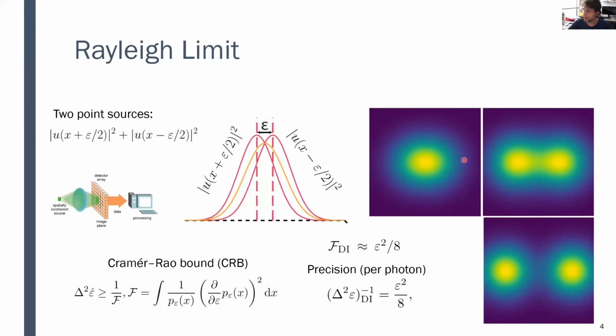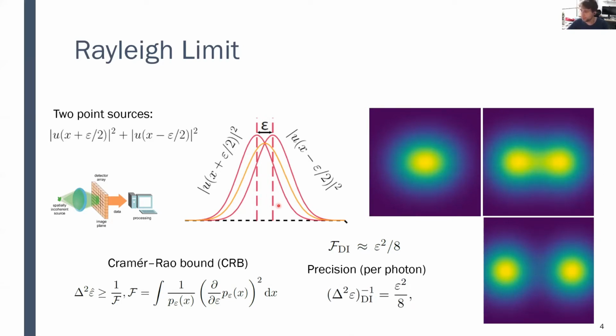So in this case, we can calculate what is the precision in estimating, or rather what is the information per any photon registered by a camera device in the context of this imaging system.